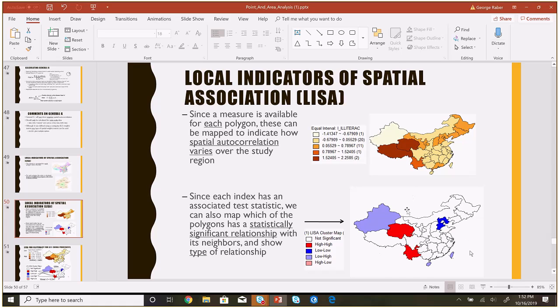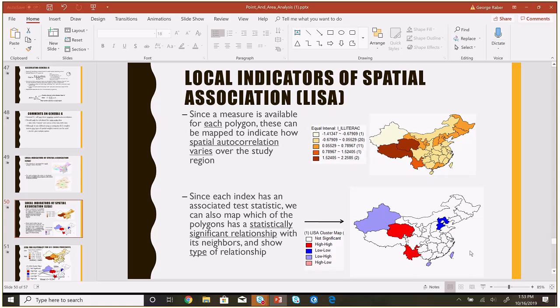This is the output of a local indicator of spatial association, and it's showing you the areas where there are high values next to other high values, or low values next to high values. This one is low values next to other low values, and these other ones are just not significant. In other words, their neighbors are different, but they're not that different from each other.